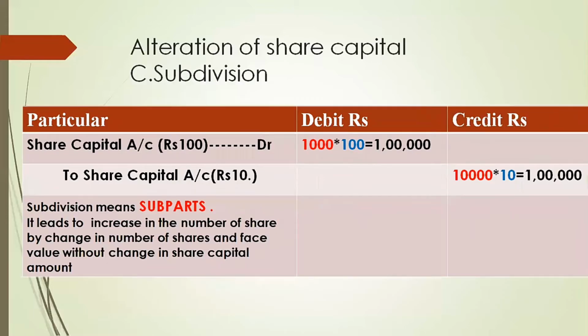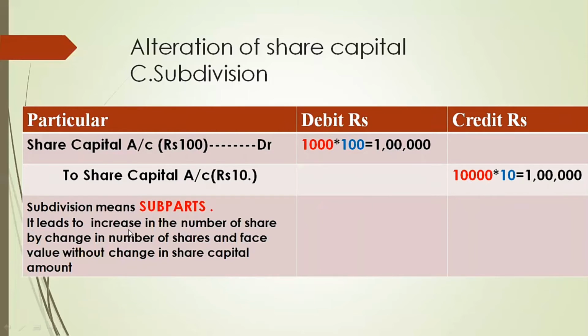Then we go to subdivision. In subdivision, the quantity of shares increases. As you can see here, the journal entry is share capital account of rupees 100 debit to share capital account of rupees 10. Here 1000 multiplied by 100 is 1 lakh rupees, and here 10,000 multiplied by 10 is equal to 1 lakh rupees. So what happens in subdivision? These 1000 shares are divided into many subparts and it becomes 10,000.